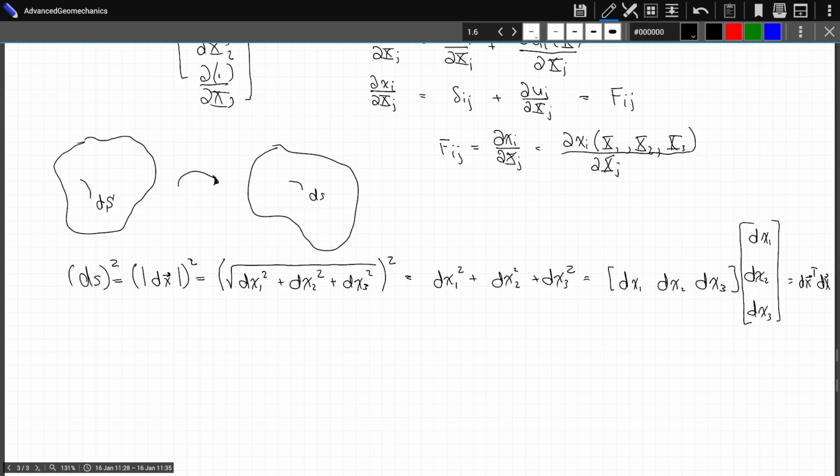So I'll just rewrite that here. We have ds squared is equal to dx transpose dx. This is also just a dot product operation.